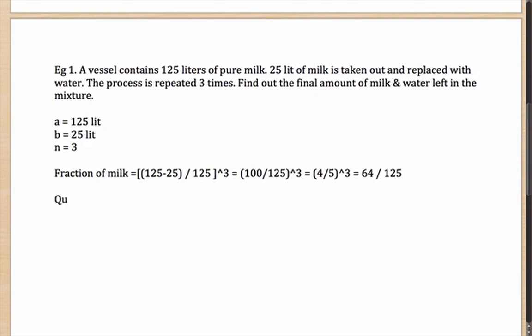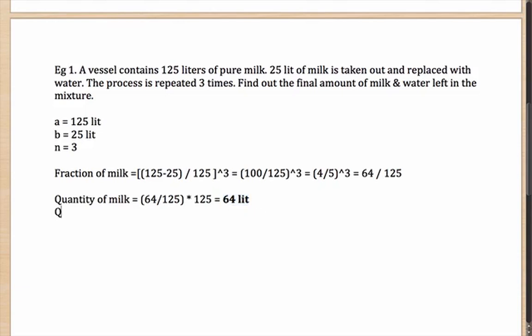Then what is the quantity of milk which is left? You have just calculated the fraction of milk which is left as 64 by 125, and if you multiply it with the total, that is 125, it gives you the value as 64 liters. So the quantity of milk which will be left in the mixture is 64 liters.